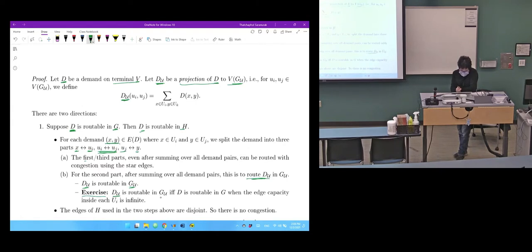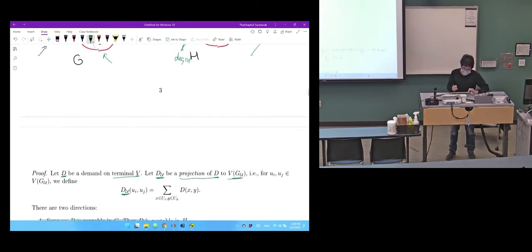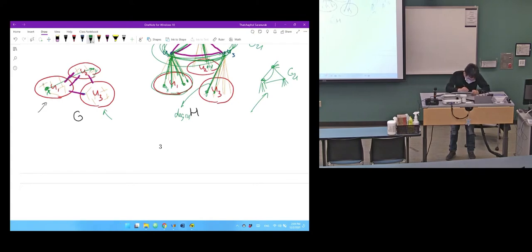Actually, D_U is routable in G_U if and only if D_U is routable in G when you set the edge capacity inside each part to be infinite. When you set the capacity of everything inside to be infinite, you can route everything inside the parts freely.